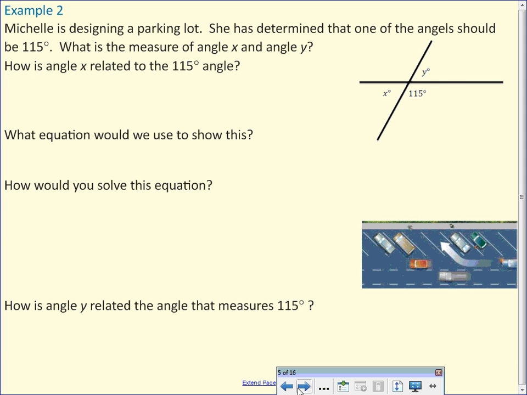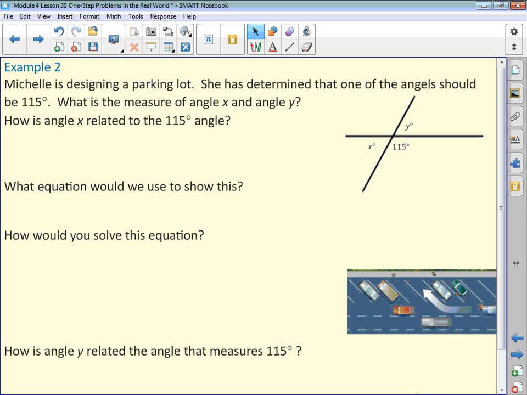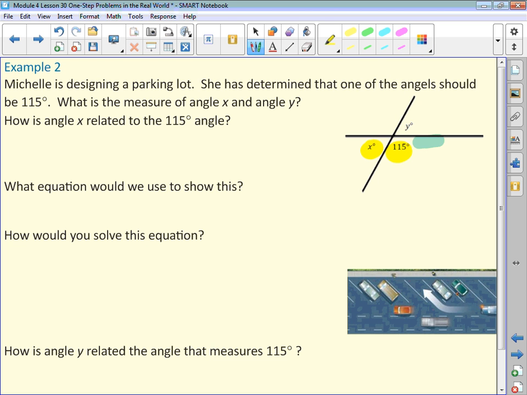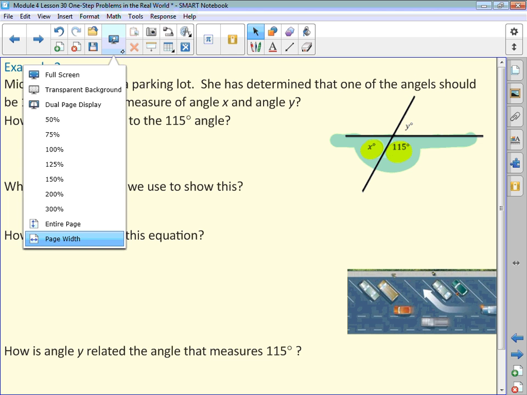So now getting back, let's look at what angles exactly they're talking about. First they're saying, how is angle X related, so here's angle X, related to the 115 degrees. So let's take a look at how these two are related. What can we say about those two? How do you know that? Because they form what?